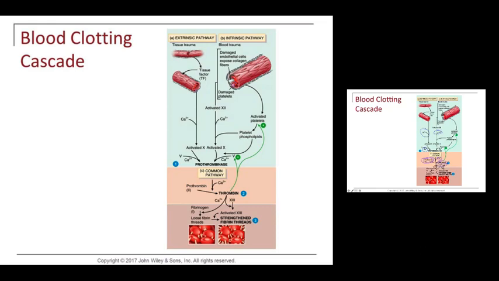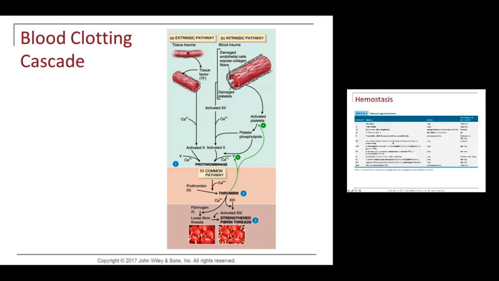And then calcium again is needed to convert fibrinogen into fibrin, right? And then fibrin forms the clot. Also, vitamin K is needed, K for coagulation.